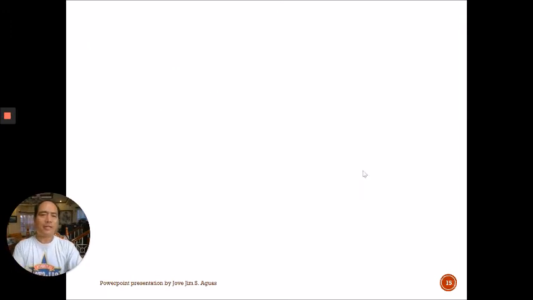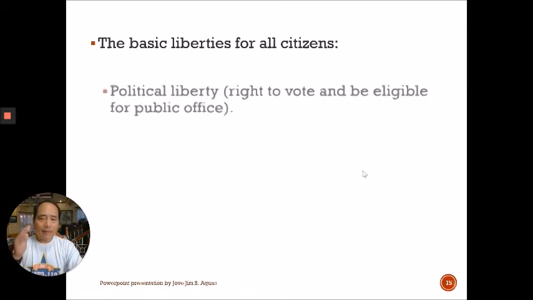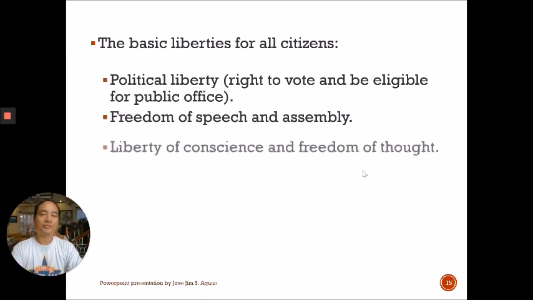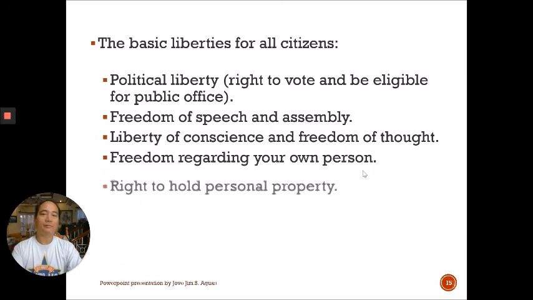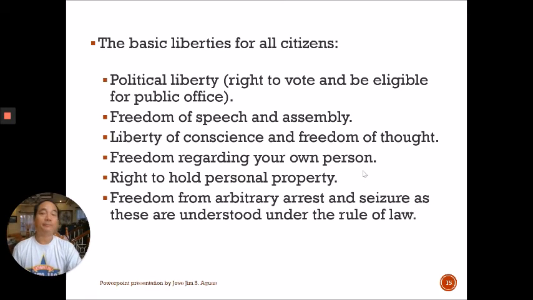So, what is the meaning of this principle? The basic liberties for all citizens are this: one, they have political liberty, meaning they have the right to vote and be eligible for public office. They have freedom of speech and assembly. They have liberty of conscience and freedom of thought. Of course, that will include freedom of worship or freedom of religion, freedom regarding their own person.